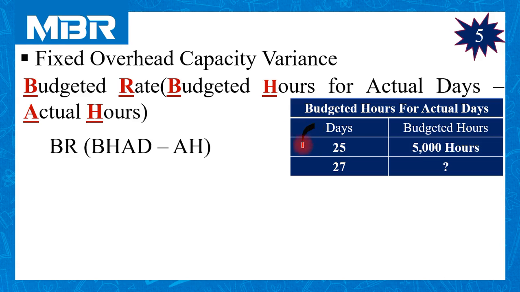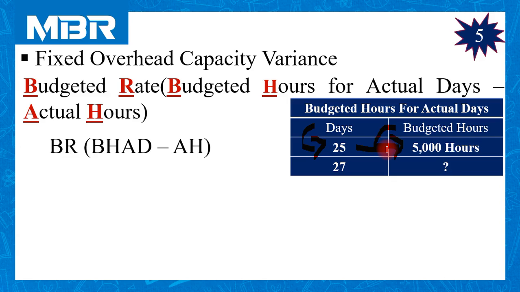When working days are 25, budgeted hours are 5,000. For this information, you need to check your question. Budgeted days 25 and budgeted hours 5,000. It means the employees are required to work for 5,000 hours in 25 days.